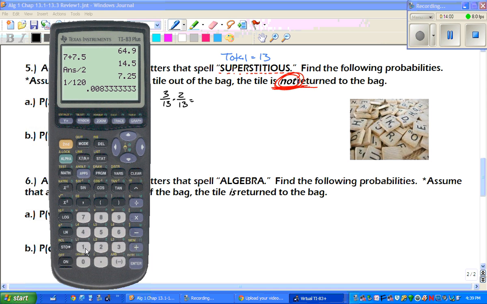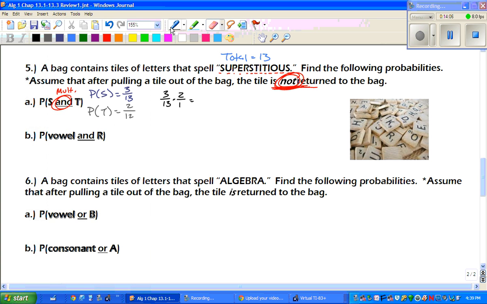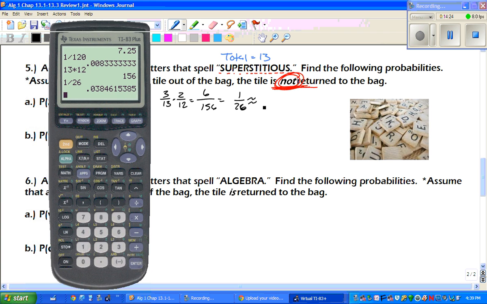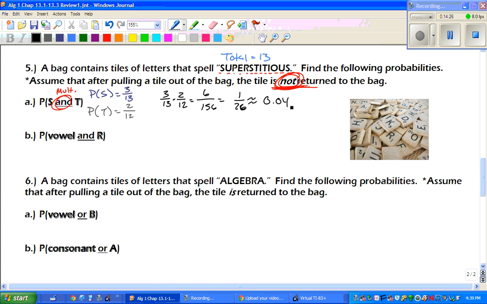I'm not going to do 3 times 2 on here, but I am going to do 13 times 12, which is 156. 3 times 2 is 6. You can actually reduce that fraction to 1 over 26. And when you divide 1 divided by 26, it's 0.04 because it rounds.